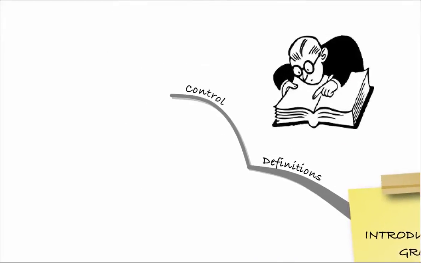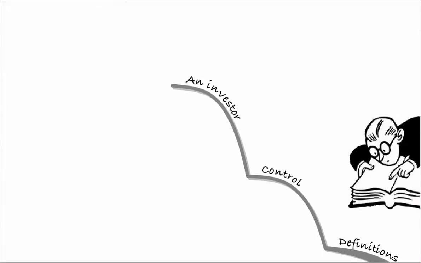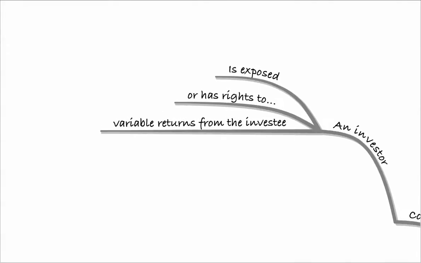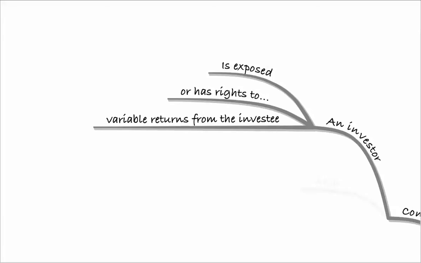We talked about control first of all and the actual definition per IFRS 10. That was that an investor is exposed or has rights to variable returns from the investee. So how do you get that? Well, that basically says you bought some shares and you're going to get some dividends from them. So it's exposed to getting those dividends, variable returns from the investee.